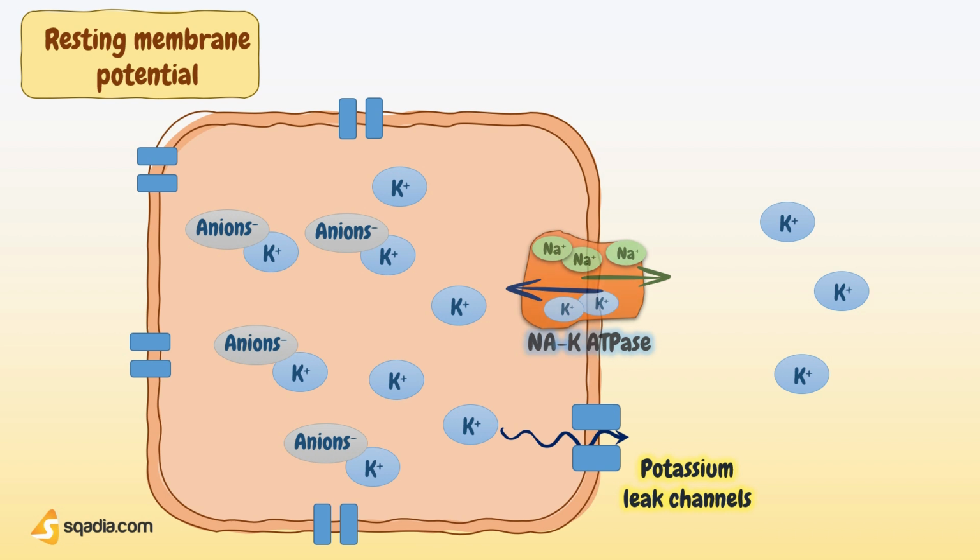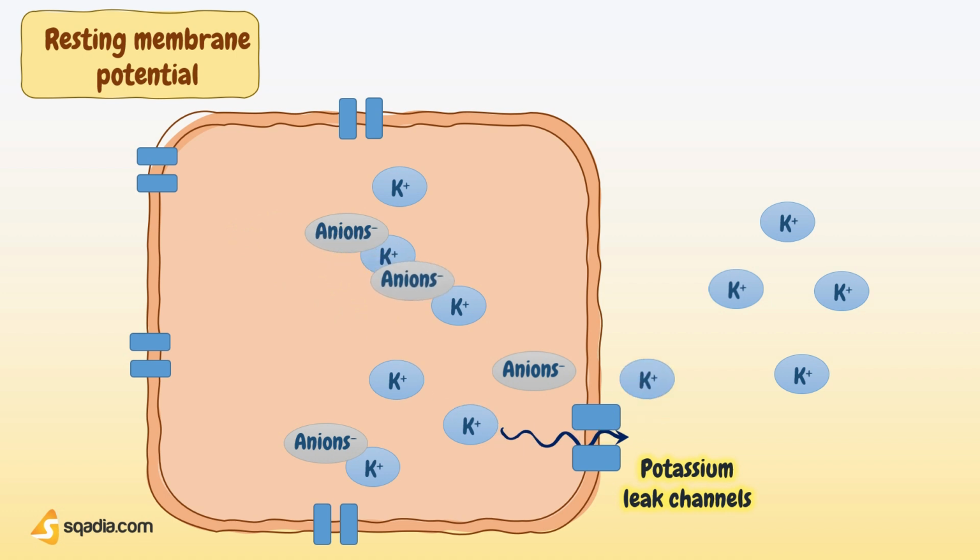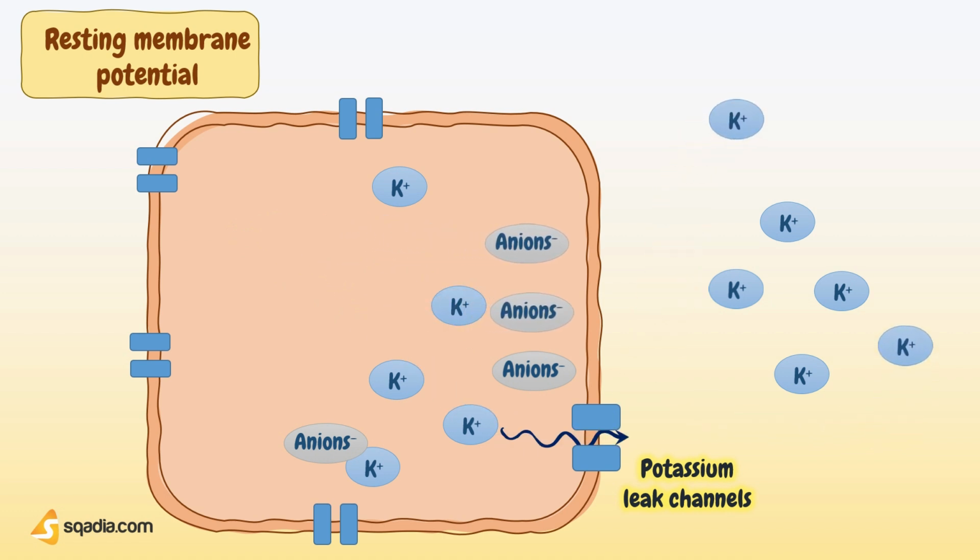But when it leaks out of these channels, this bond breaks. So the bond between potassium and anions breaks, and potassium leaks out of the cell membrane, leaving behind the anions, as they cannot move out of these leak channels, creating more negative potential inside the cell.